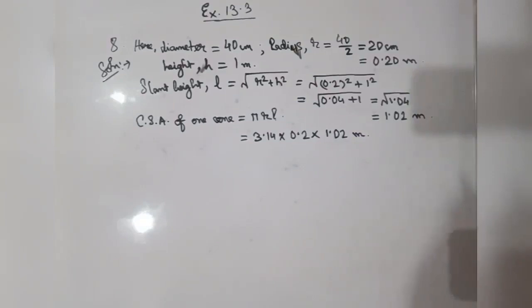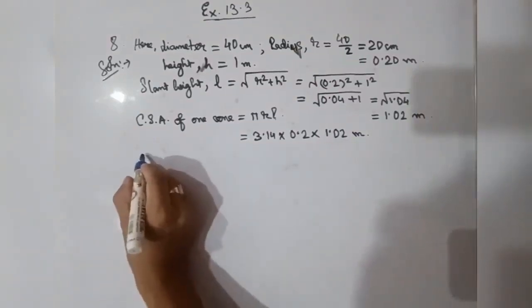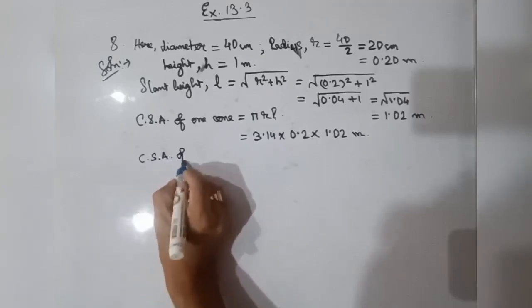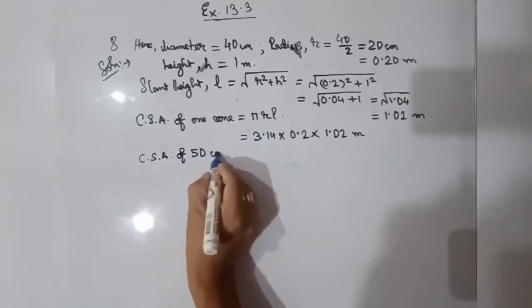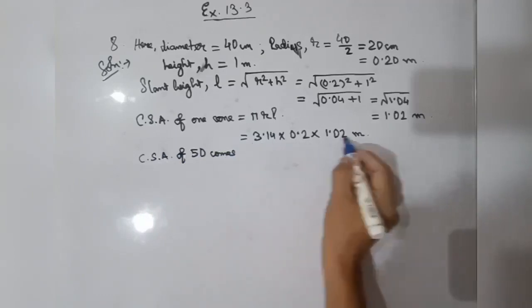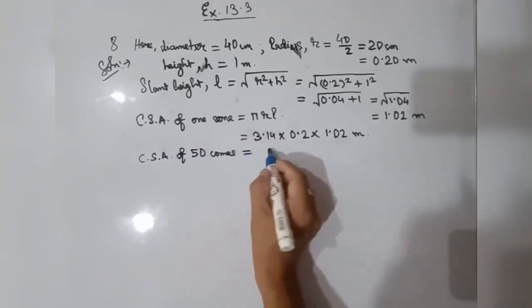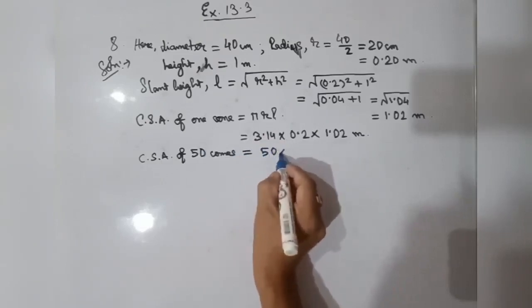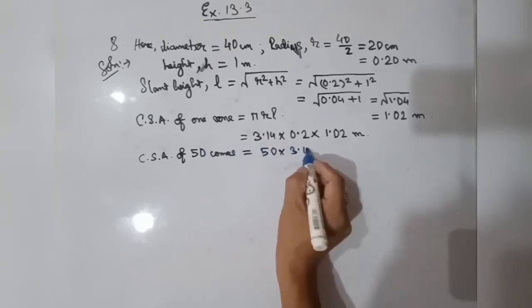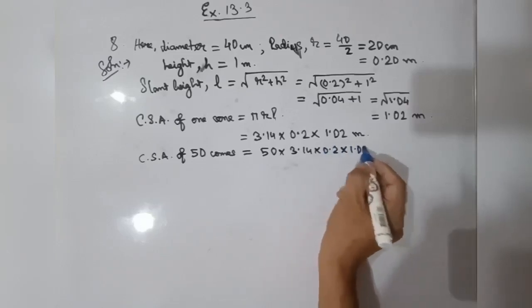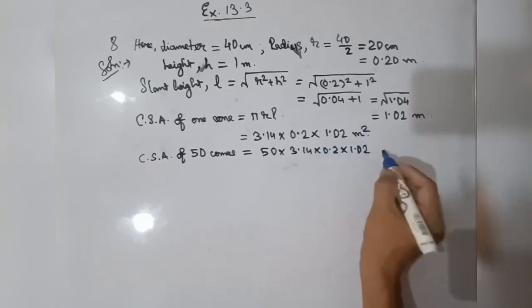Next, let us find the curved surface area of 50 such cones. So the curved surface area of 50 cones will be equal to the curved surface area of one cone multiplied by 50. So this will be equal to 50 into 3.14 into 0.2 into 1.02. This will be meter square.